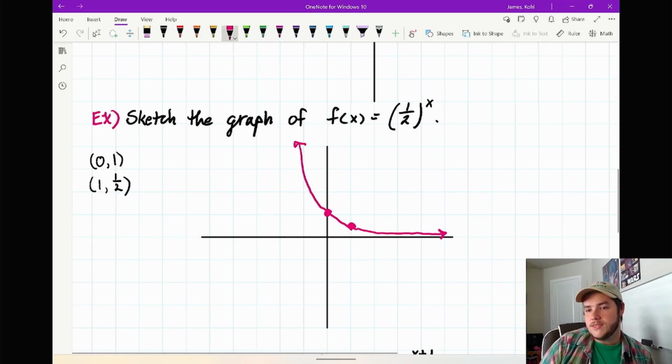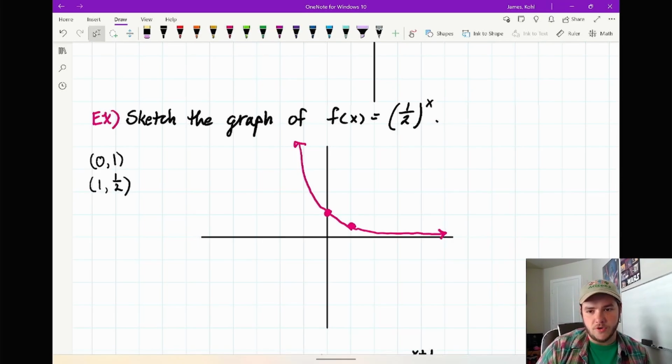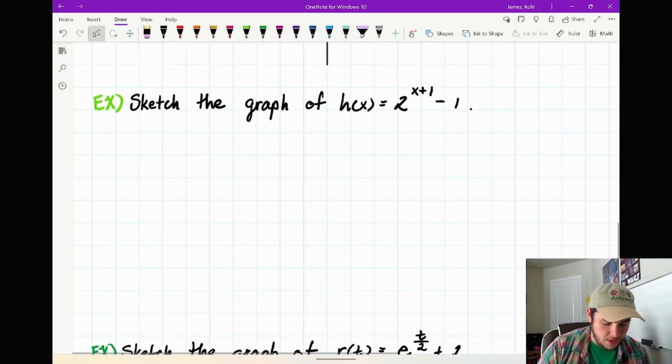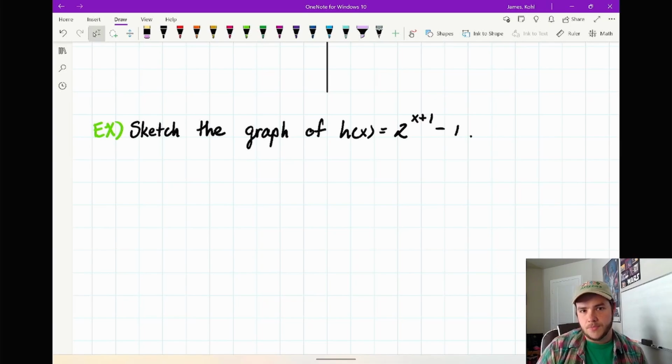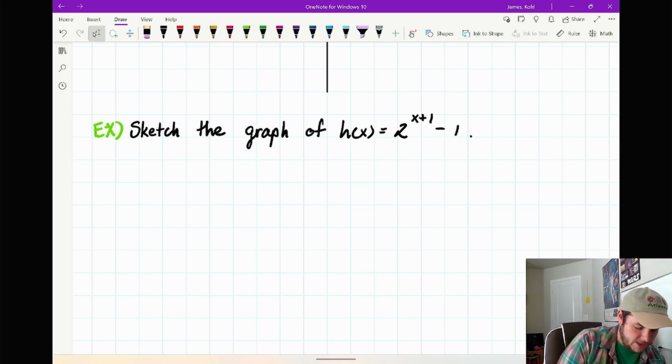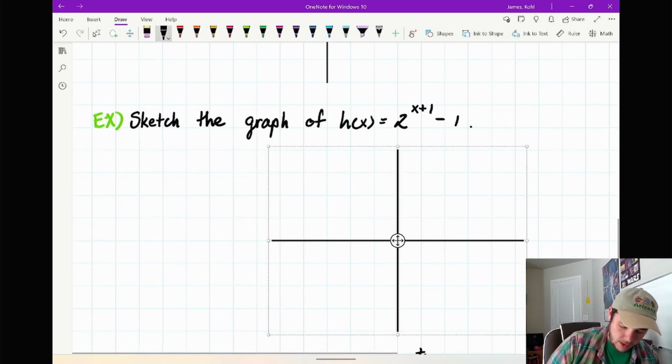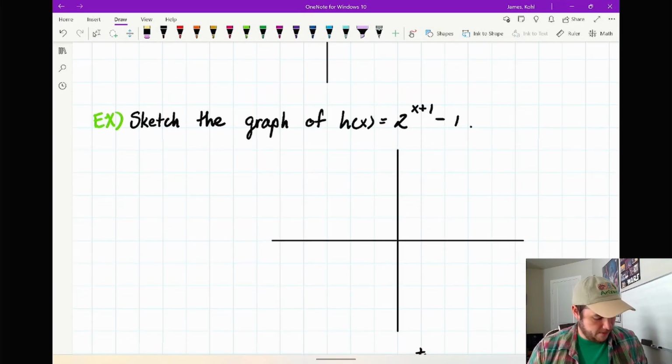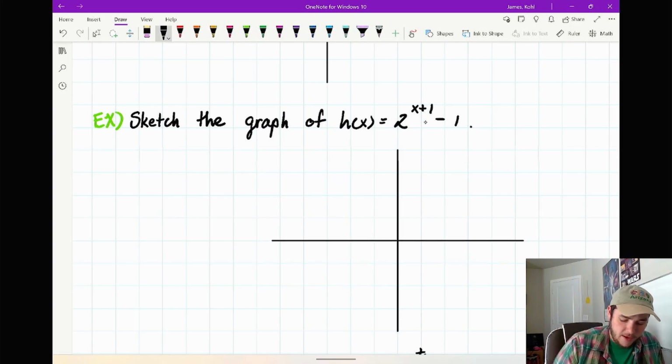Now, just like all of our other functions we've learned how to graph, we can also use transformations on these guys. So let's try doing that to sketch the graph of this guy. Let me start by drawing a coordinate axis. So I notice, first of all, that I have a horizontal transformation here, or translation here, right?